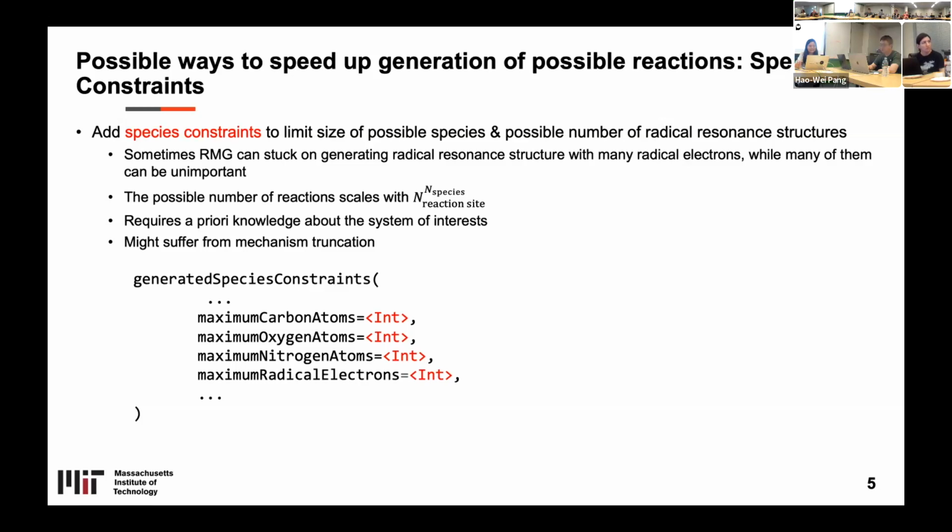So you can put in a constraint telling RNG to only allow species to grow to a certain number of carbon atoms, oxygen atoms, and nitrogen atoms, to limit the possible reaction sites. But to use this option, you need a priori knowledge about what could be important in your system, and if you use it wrong, you might suffer from mechanism truncation.